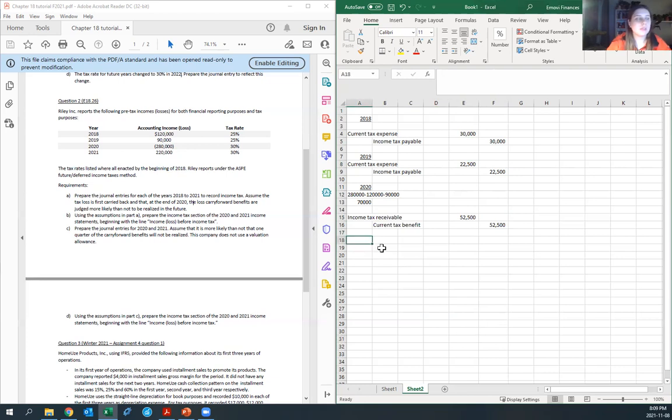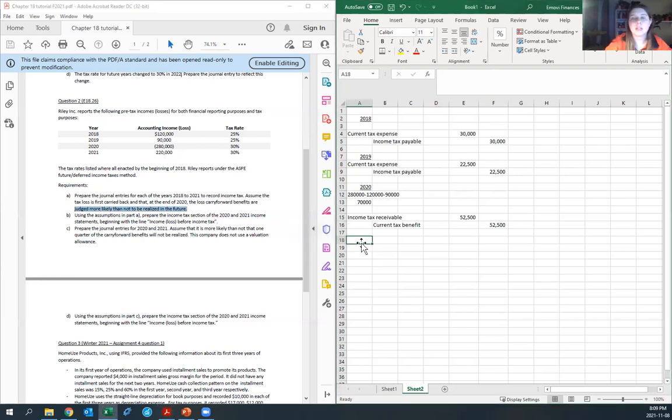And since we still have a balance of $70,000 of our loss that we can use, you have to look, okay, is it more likely than not that I'm gonna have taxable income in future years? They say here that they judge that it's more likely than not to be realized in the future.